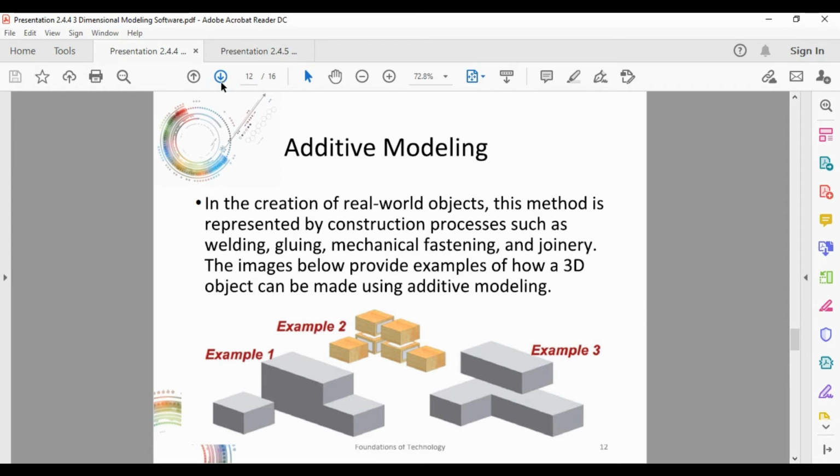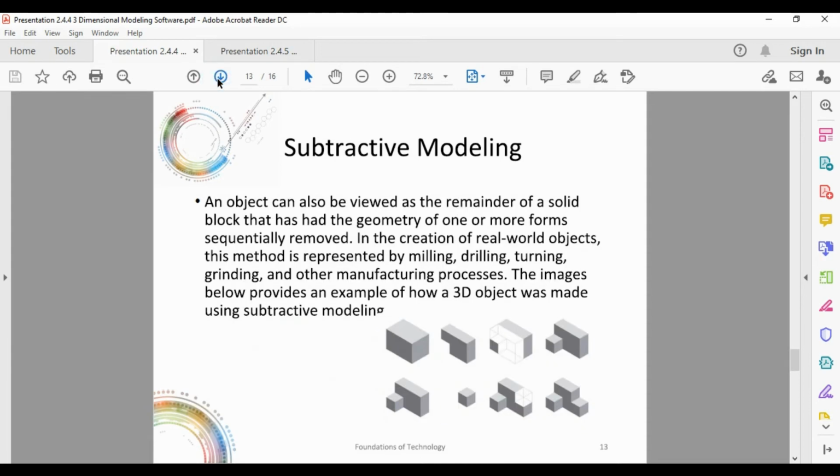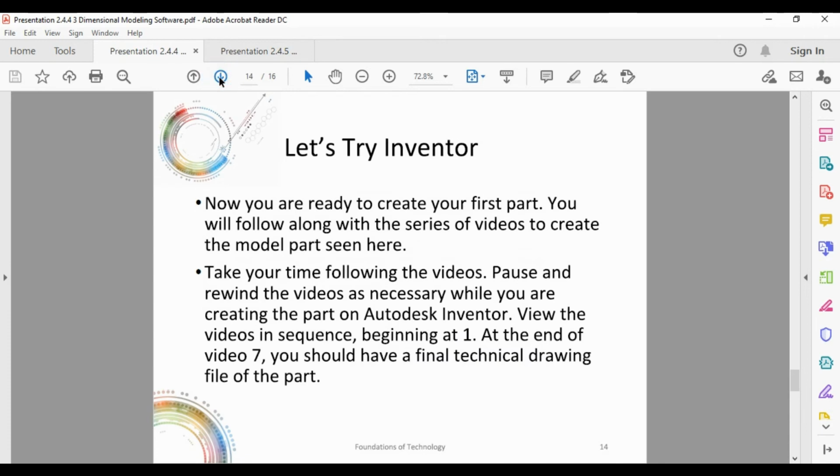I do want to point out that there are two primary ways that you can work in modeling: additive modeling, which is assembling the pieces together, and subtractive modeling, which is like what a sculptor would do, where you take away pieces in order to generate the shape that you want.